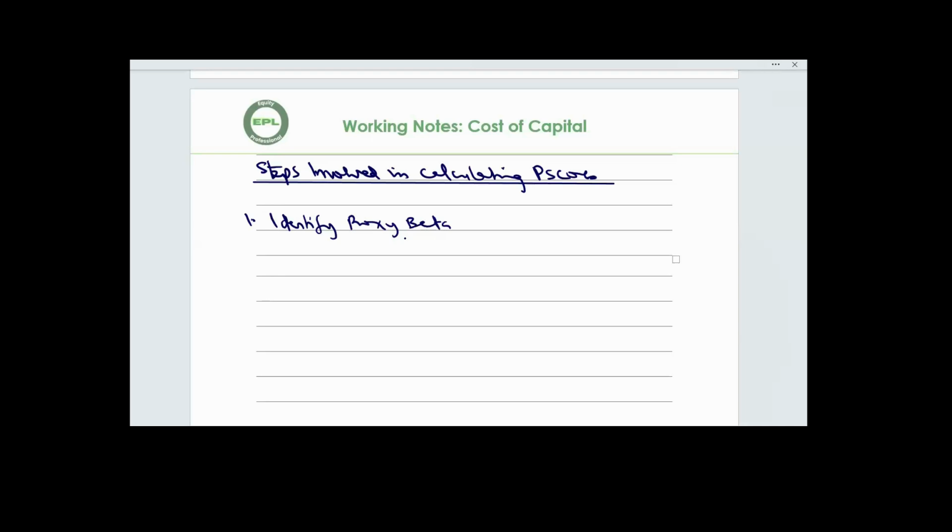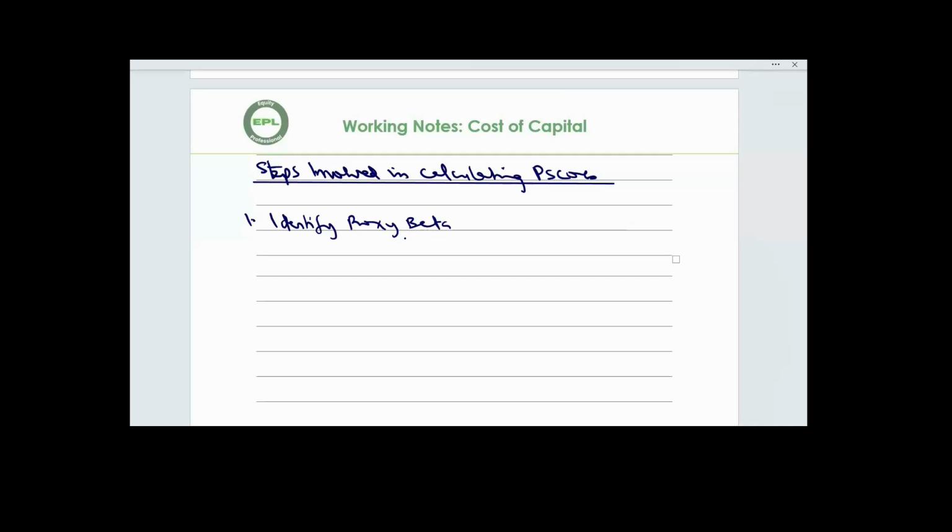Then the first step is to identify the proxy beta. The examiner will give you the name of the company that wants to evaluate projects. Another name will also be given in the question. That second name represents the proxy company.